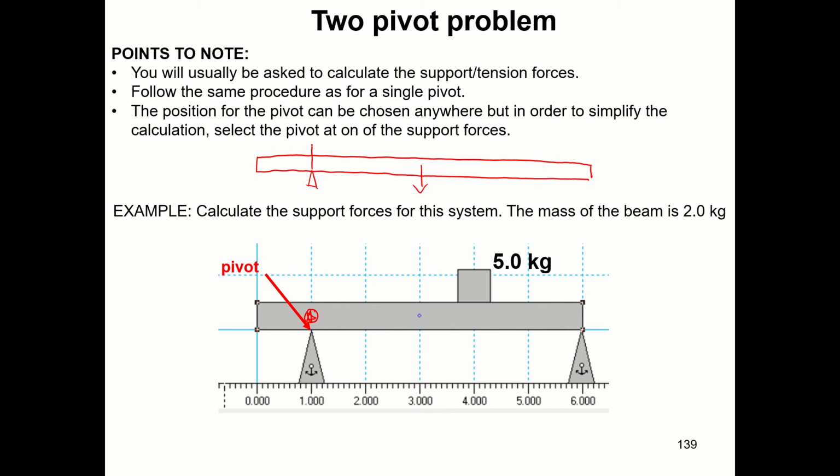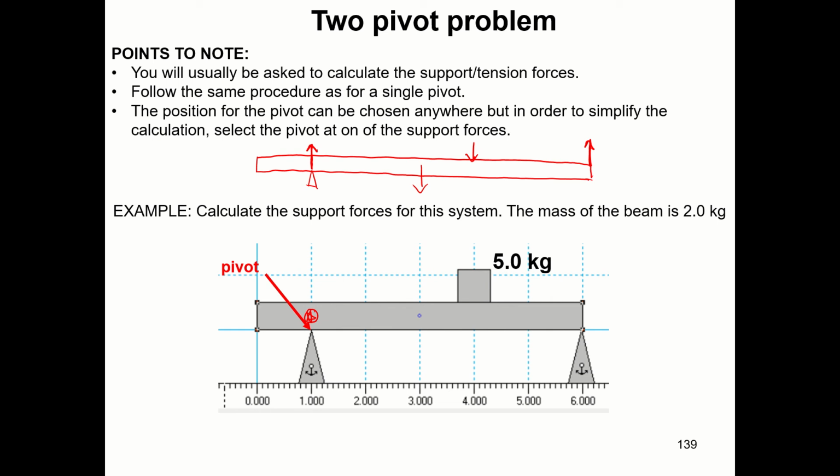We've got the support force over here pushing up at the beam. We've got the 5 kg mass which is pushing down, and then over here we've got an upwards force, coming from the triangle support. But if you just imagine the whole thing, it's still a seesaw. Forget about the triangle over here, and just think of that as being an upwards pull.